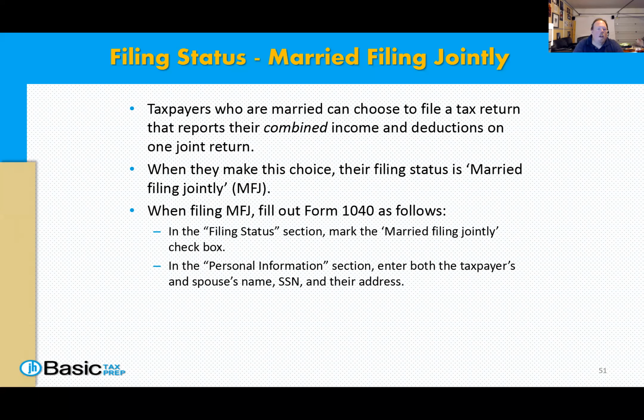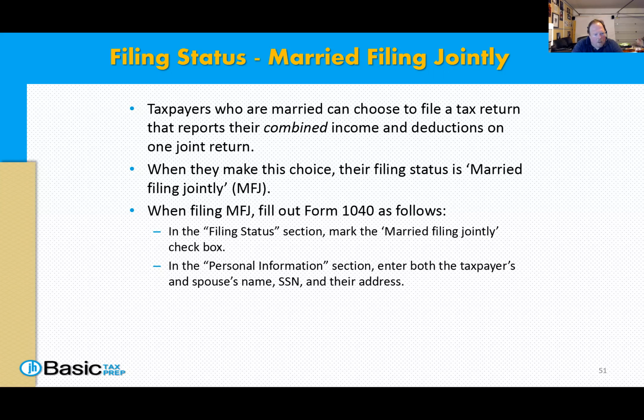Okay, taxpayers who are married can choose to file a tax return that reports their combined income and deductions on one tax return, filing jointly. When they make this choice, their filing status is married filing jointly. Okay. When filing jointly, fill out the 1040 as follows.